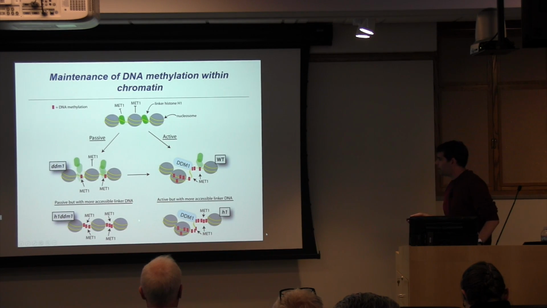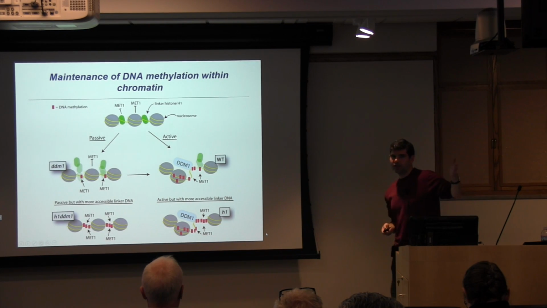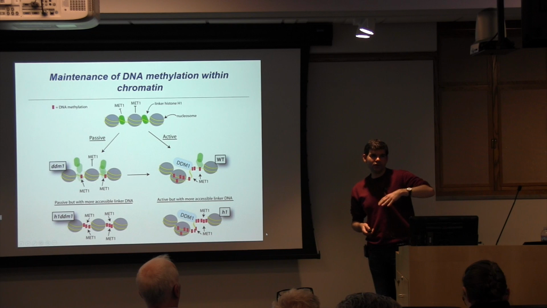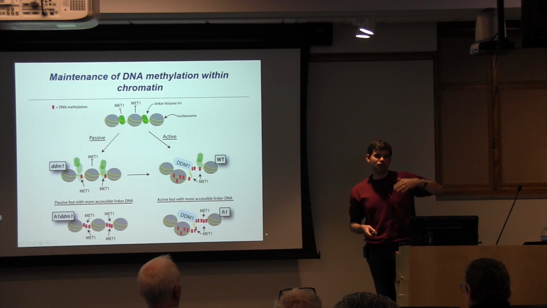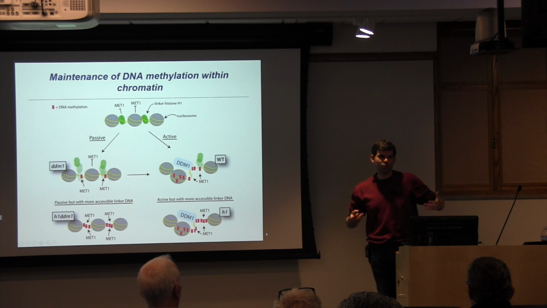And then in the double mutants in H1 and DDM1, there still isn't a remodeler to allow access to the nucleosome cores, but the linkers are relatively available because H1 isn't there. And because H1 is concentrated in heterochromatin, this removal of H1 has a much stronger effect on heterochromatin, right? You lose H1, and heterochromatin becomes much more accessible, and euchromatin doesn't change too much.